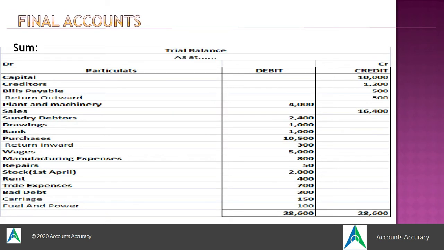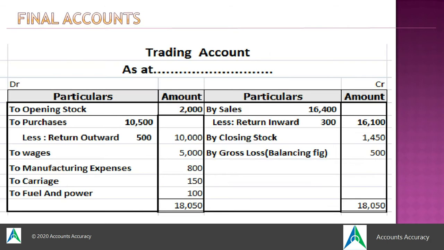So in this sum we have all these debit side and credit side amounts of each and every asset and liability as well as direct and indirect expenses in the trial balance. All these will be transferred to trading, P&L and balance sheet.